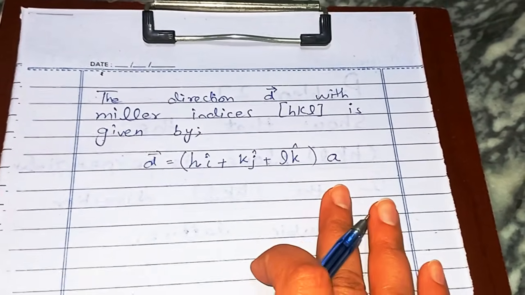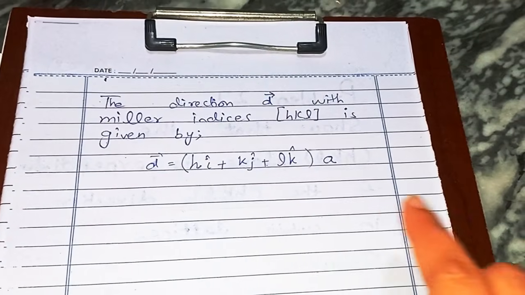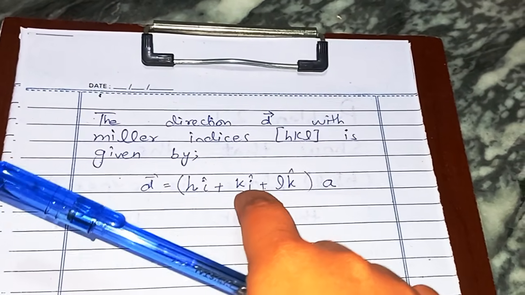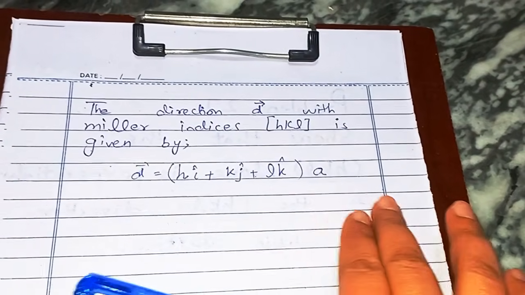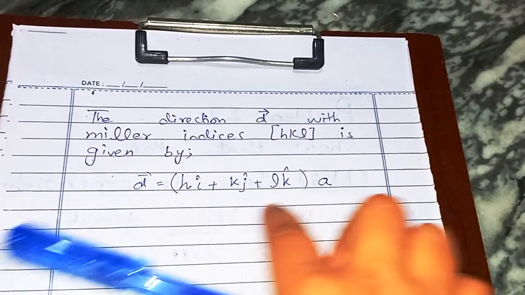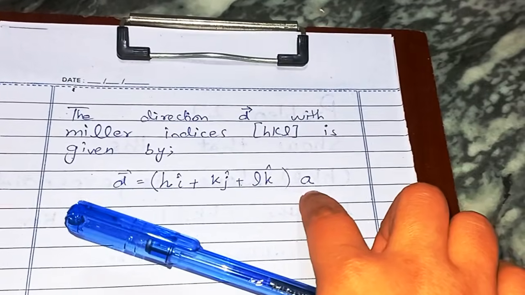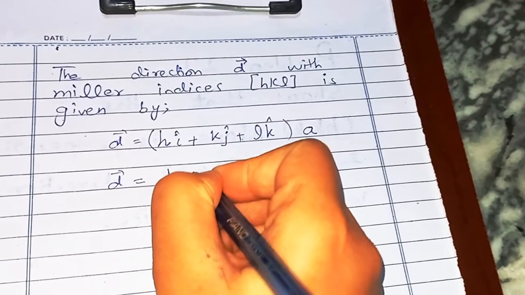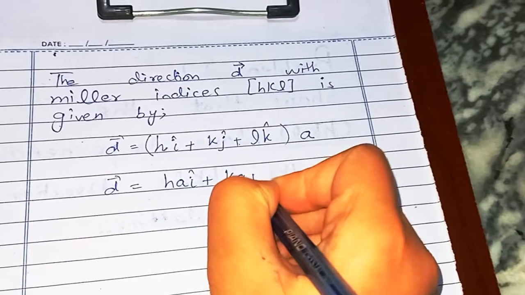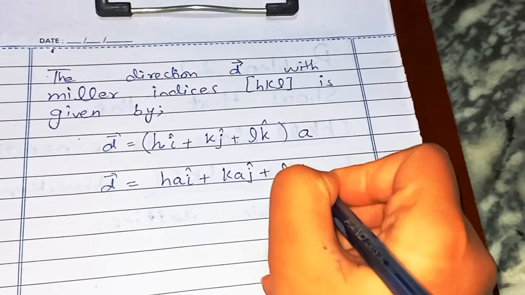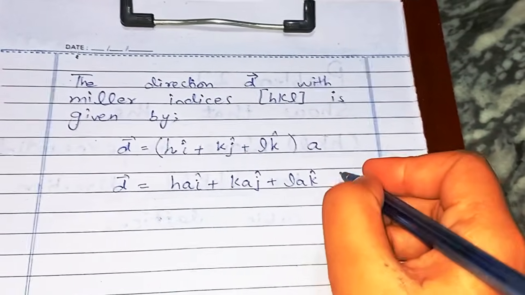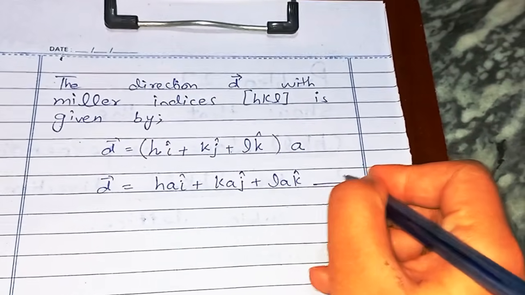If it were any other unit cell in which the lengths are different, then you would have to multiply h by a, k by b, l by c. But since it's a cubic unit cell, you'll multiply all of them with the same lattice parameter, which is a. So we can write it as ha i hat plus ka j hat plus la k hat. So this is the direction D.